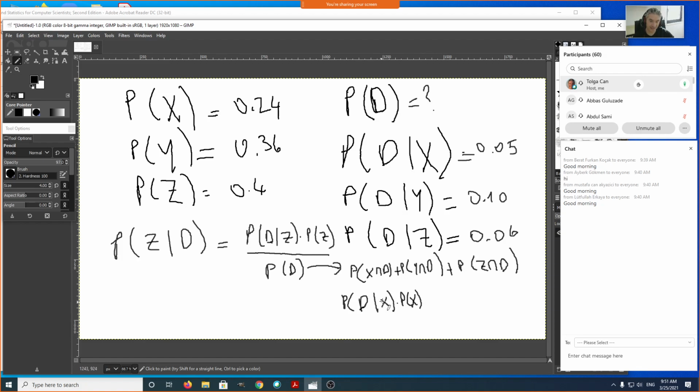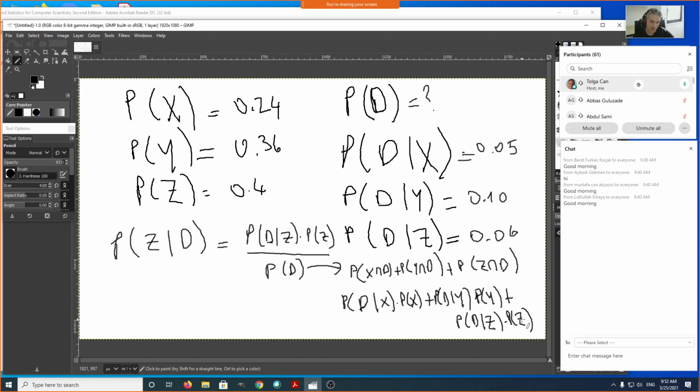So P of D given X multiplied by P of X gives me the intersection, because the conditional probability is defined as the ratio of the intersection over the event P of X. If I multiply these two things, I get the intersection. So all you need to do is multiply these: D given Y times P of Y, the unconditional probability, plus P of D given Z times P of Z.